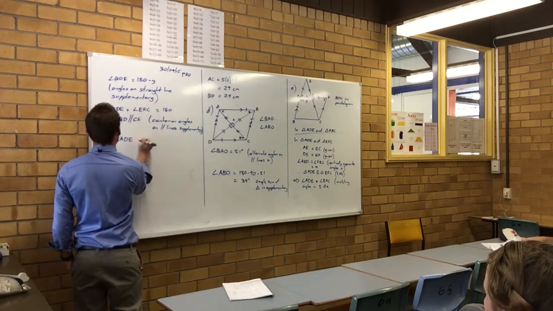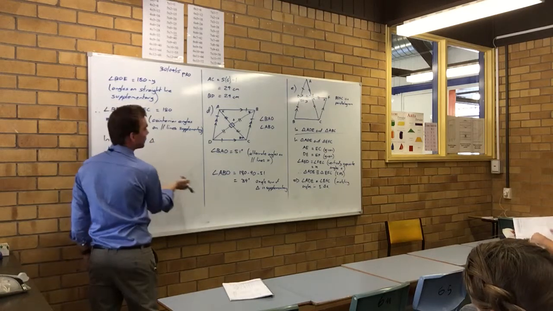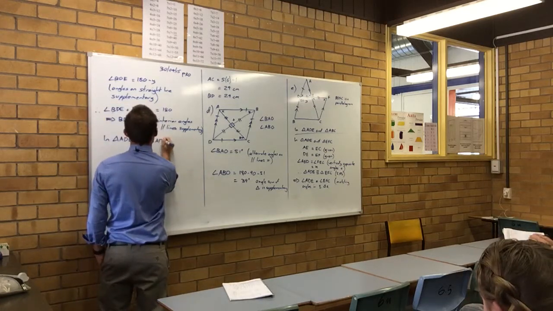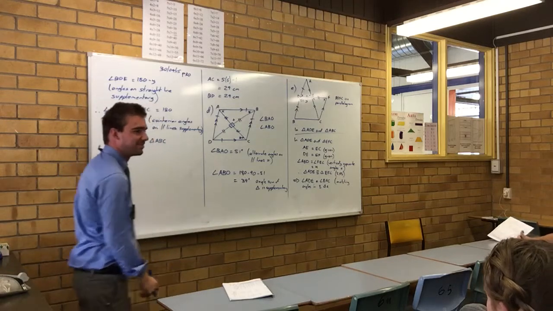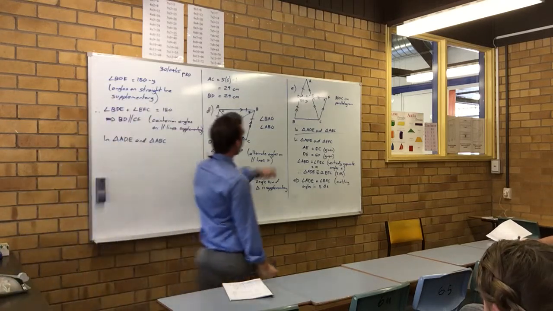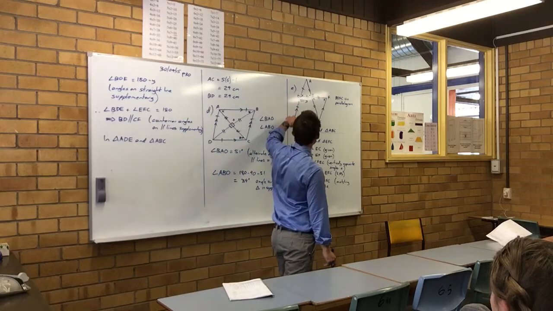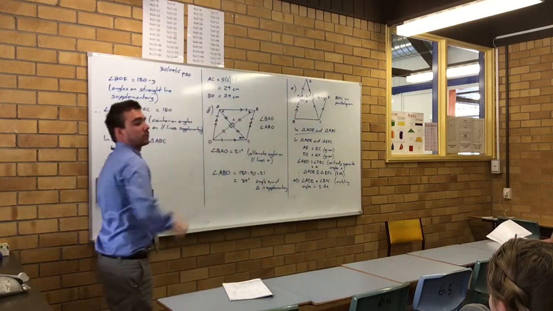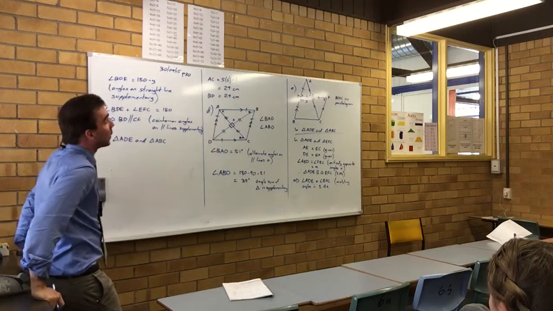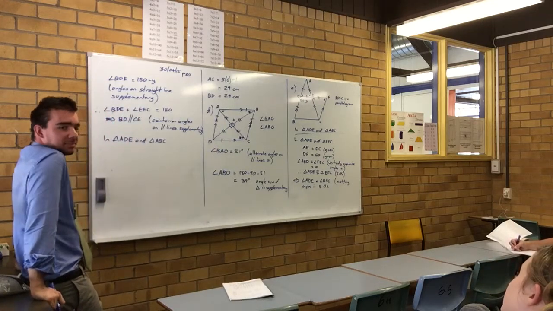Triangle ADE and triangle ABC. Yep, from where I started. Because I was going to show that was equal to that, and then we would have had our corresponding angles. Okay, so unless we can see a quicker way of doing it, we're going to have to do it like this.